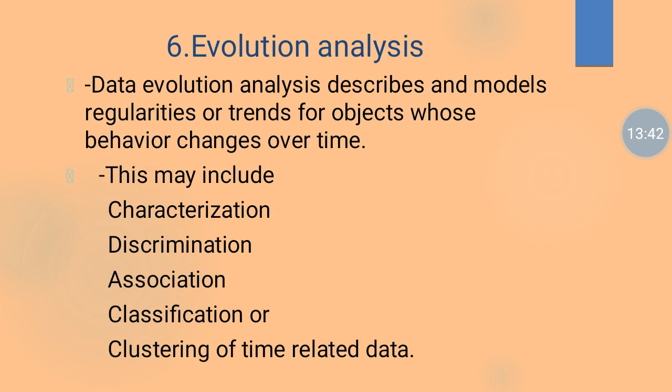And the next functionality of data mining is evolution analysis. Data evolution analysis describes the models, regularities or trends for the objects whose behavior changes over time. This may include the characterization, discrimination, association, classification or clustering of time-related data.